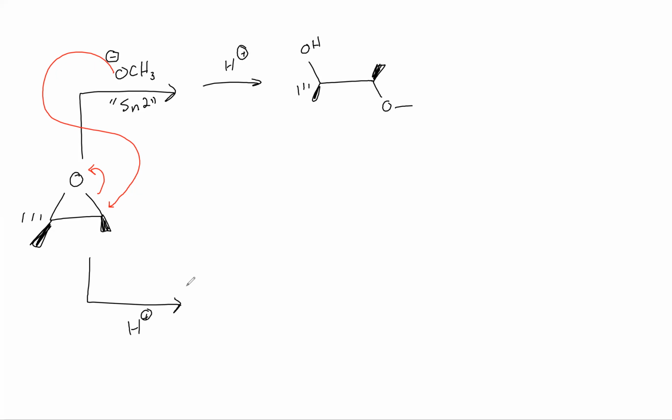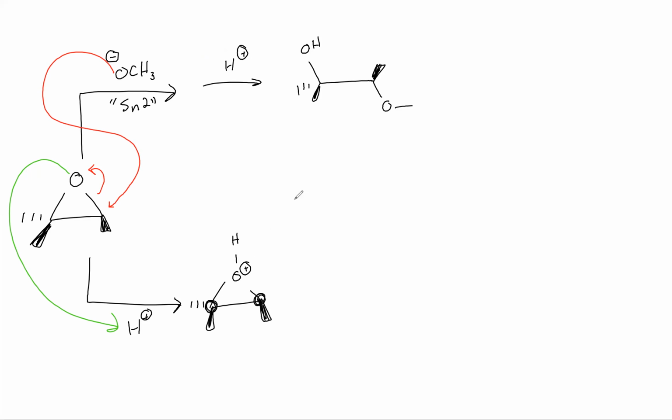If we protonate first, it's going to grab onto the hydrogen, and we end up with this guy right here. Okay, and so we are going to end up attacking the more substituted carbon because of the 2 different transition states. So we're going to have our nucleophile, and we're either going to attack at this carbon or this carbon.